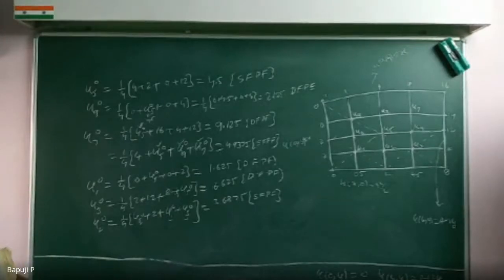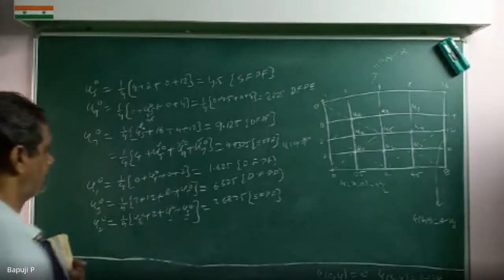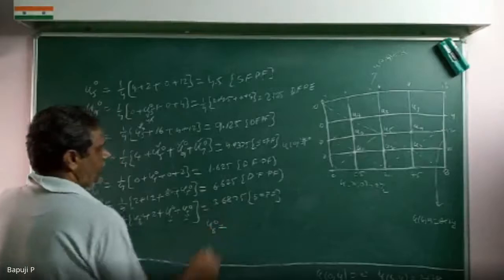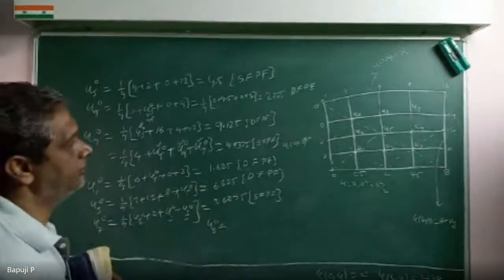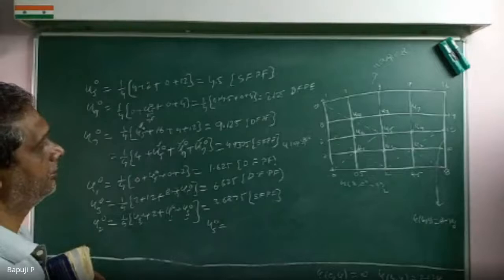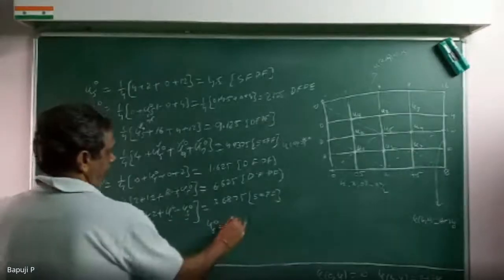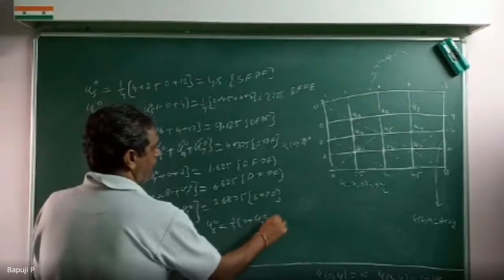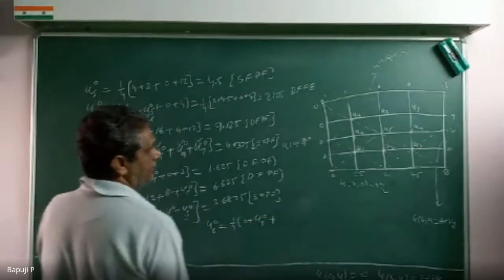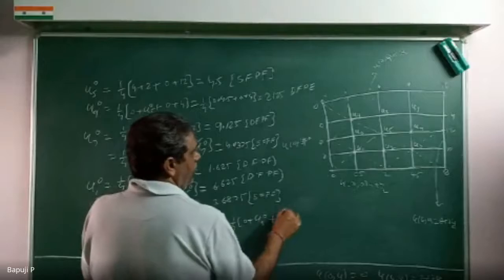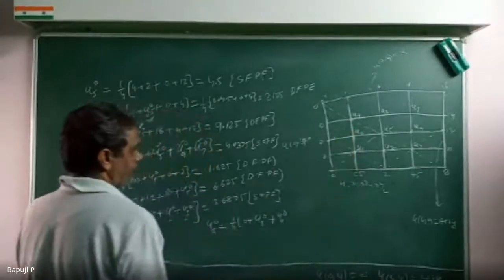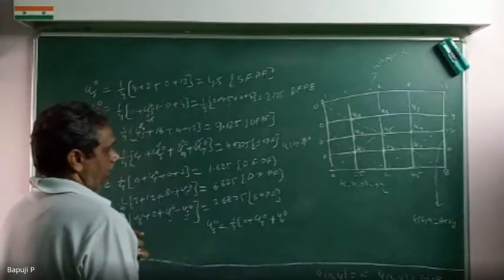Then what do I want to do? U6. U6 of 0 is equal to what? 1 by 4 times U5 of 0 plus U9 of 0 plus U1 of 0. If you want, once you get U1, you can find U6. Nothing will happen, you will get the same answer.